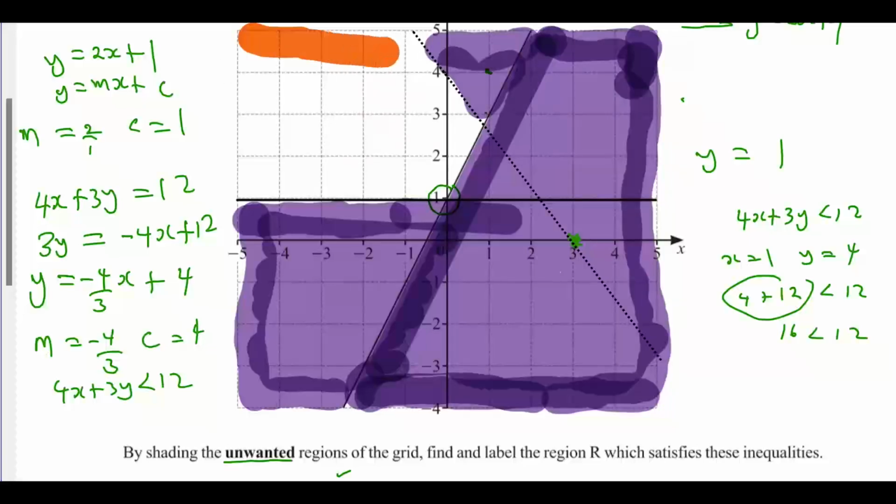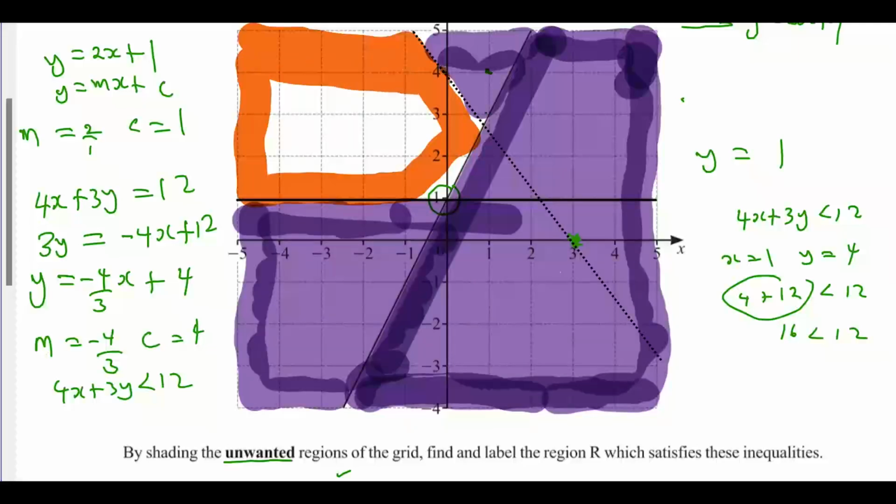So let's shade this, then this, then this, then this. You go up like this, then you have this, like this, like this. So this will be the needed region. This will be region R.